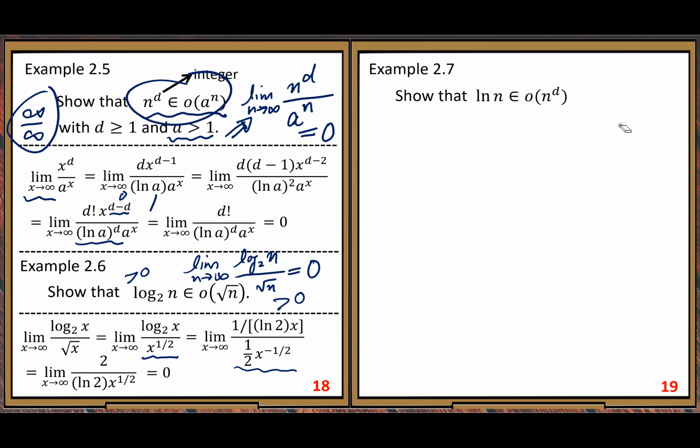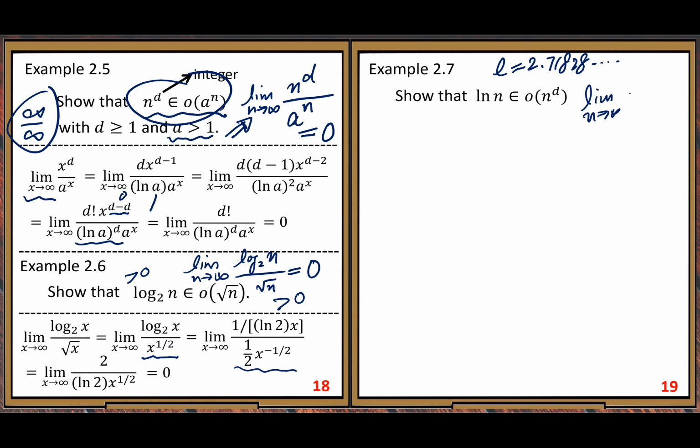I hope you know that e constant, right? The natural log base e constant has infinitely many digits, so it is an irrational number. In calculus, how do we get that e?